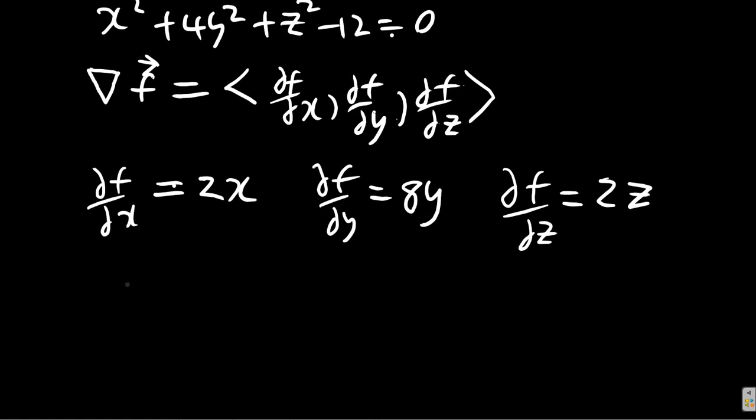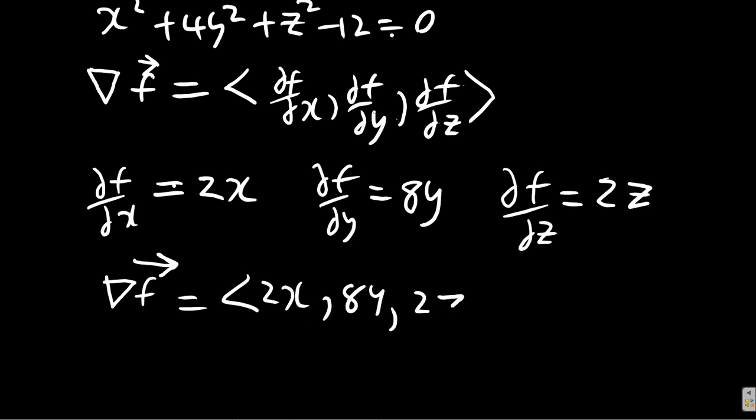So that means the gradient of the vector f is 2x, 8y, 2z. So you see that.